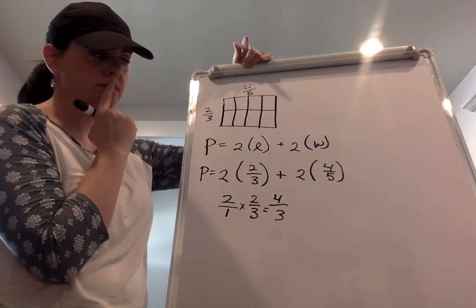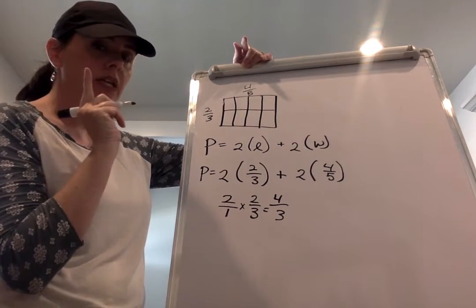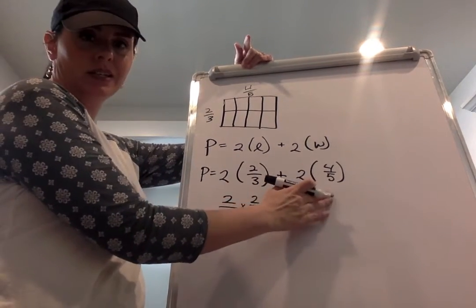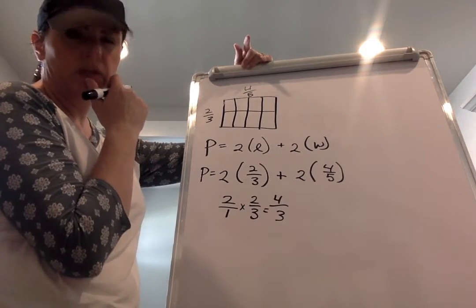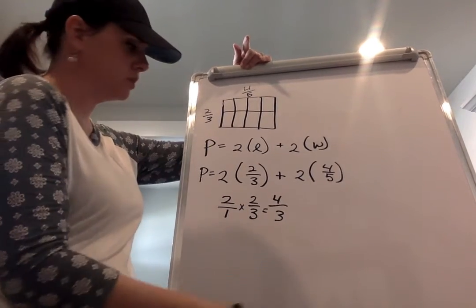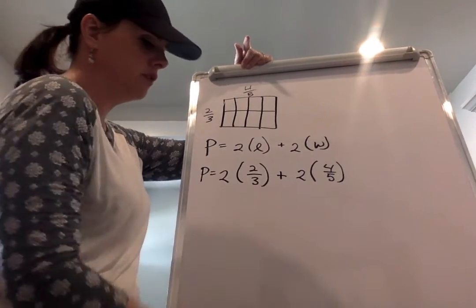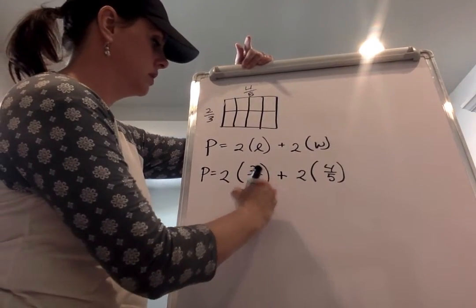I'm going to leave it right now as an improper fraction because I'm going to have to add it to something else in just a minute. So for now, I'm going to leave it as an improper fraction. Okay, so 2 times 2/3 is 4/3.